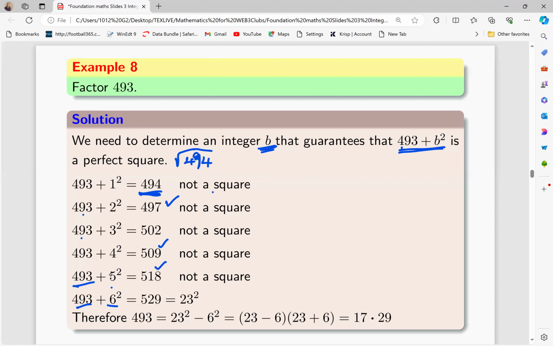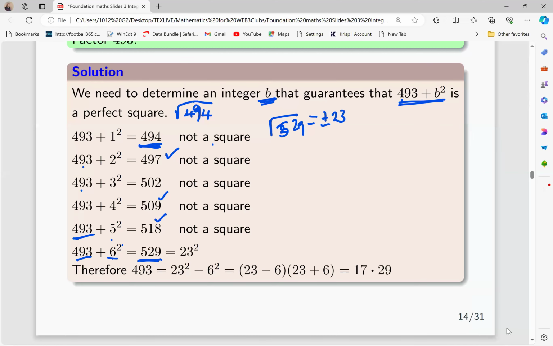And then you try 6. 6 squared will be 36. Added to this is 529. On using a calculator, the square root of 529 is plus or minus 23. But let's square it. When you square it, you get a positive number.